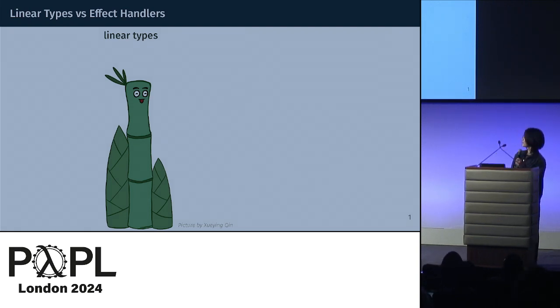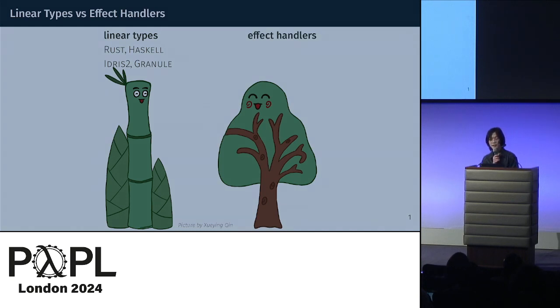Okay, so linear types is a very useful feature. It guarantees that something can only be used exactly once, and it's used in some real-world languages and some research languages. Effect handlers is another very useful feature. It allows us to define and compose a wide range of computational effects, and it is used in some real-world languages and some research languages.